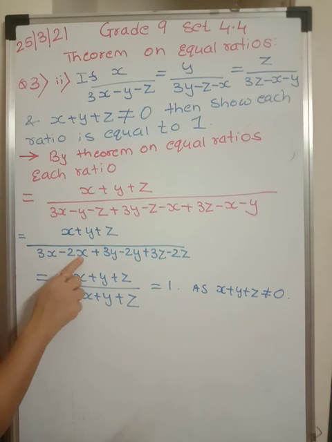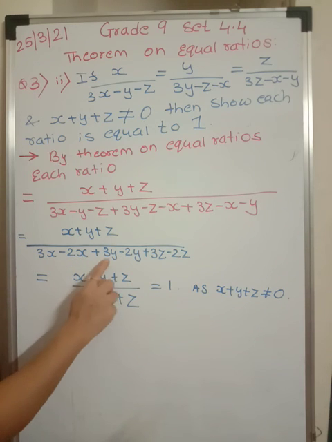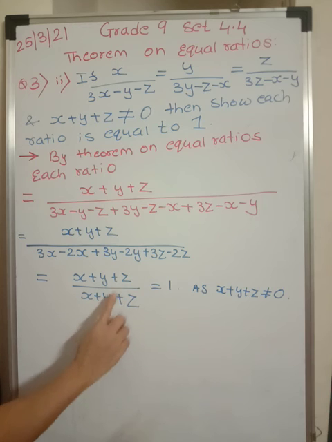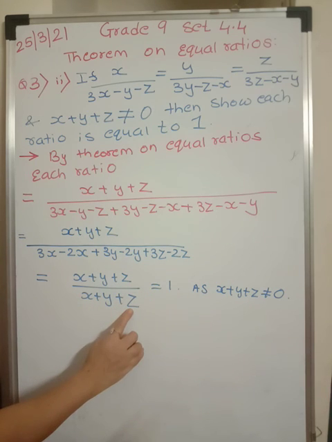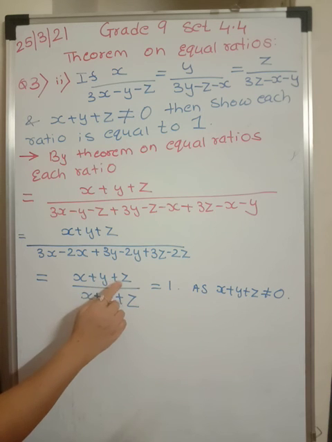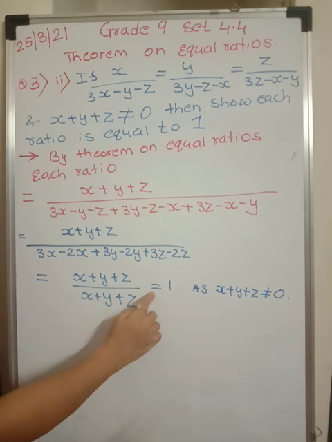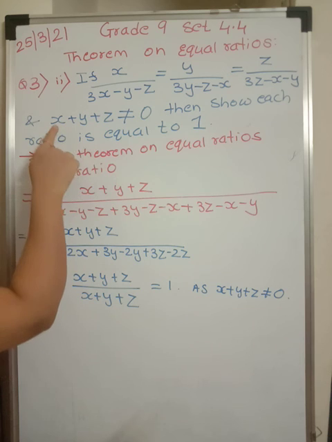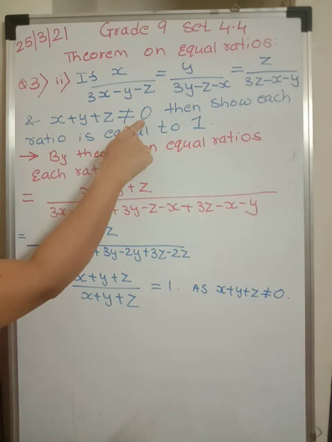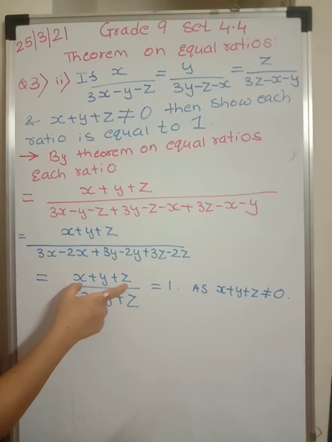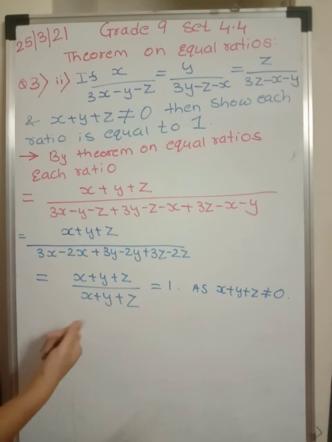Now 3x minus 2x is only x. 3y minus 2y is y. And 3z minus 2z is z, means only 1z. And therefore x plus y plus z upon x plus y plus z, this would be equal to 1. Because they have already told x plus y plus z is not equal to 0. If this is not equal to 0, that means it will be equal to 1.